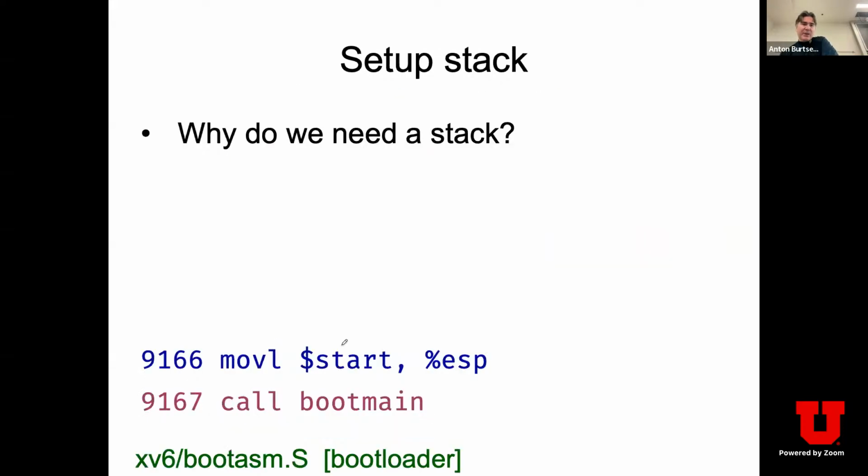Our next step is we're going to set up the stack. Why do we need the stack? Again, I'll ask you a question. The real reason is we want to switch to C. Everything that was shown before, you cannot really do in C because C doesn't have primitives.